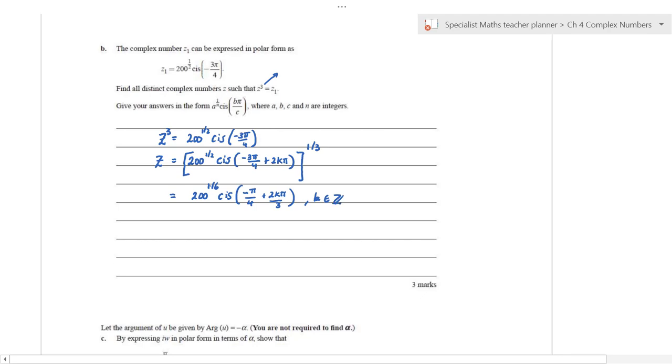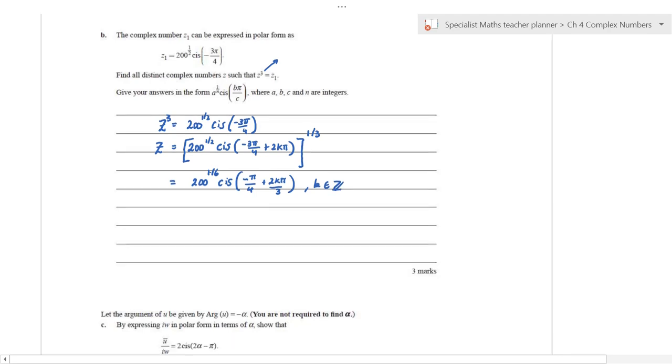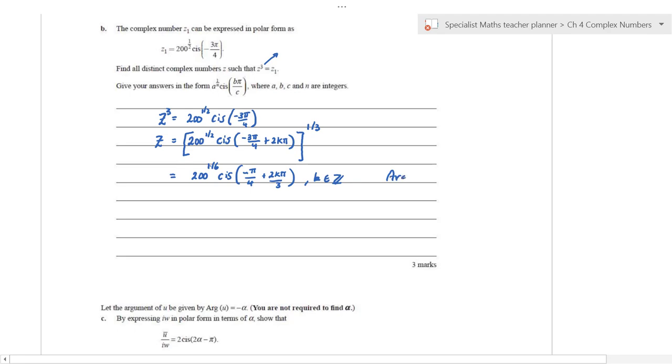Okay, so k can be anything. Now remember that the argument of z must be between negative pi and pi, inclusive of pi, which is on your formula sheet.